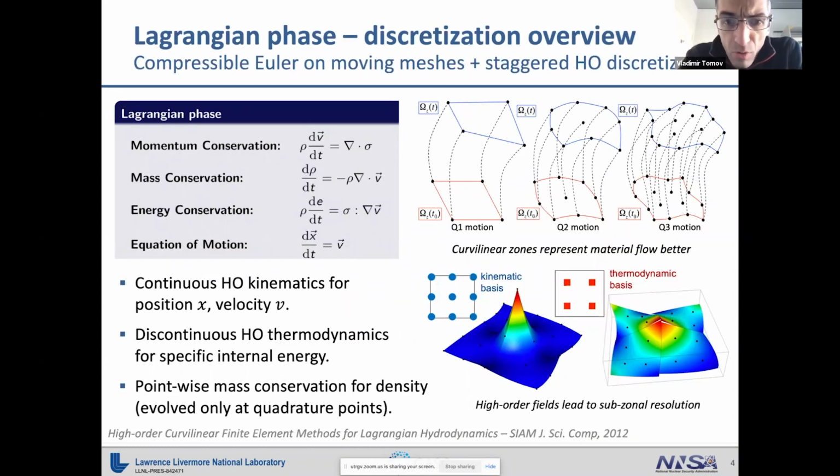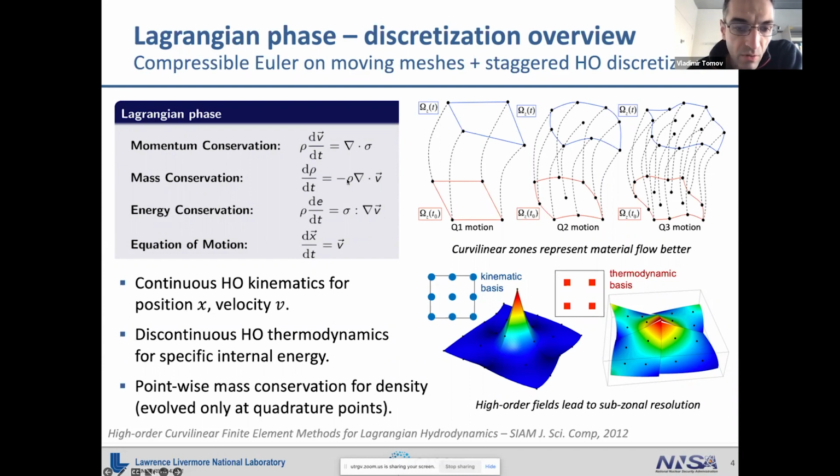So it's compressible Euler, moving meshes. It's a staggered discretization. So these are the equations. We have conservation of momentum, mass, total energy, and the mesh moves. Euler equations, there is no physical viscosity.